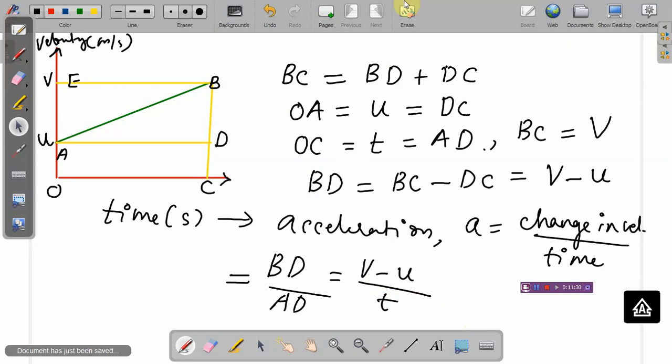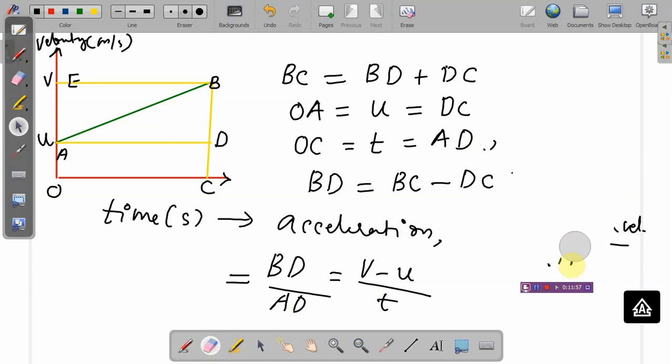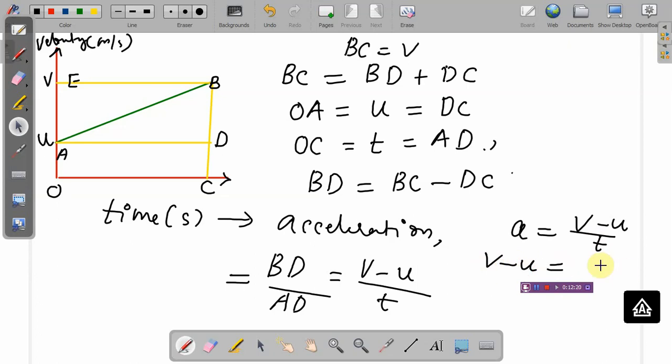Here itself I can write acceleration A is equal to V minus U upon T, or V minus U, which is BD, which is equal to AT.